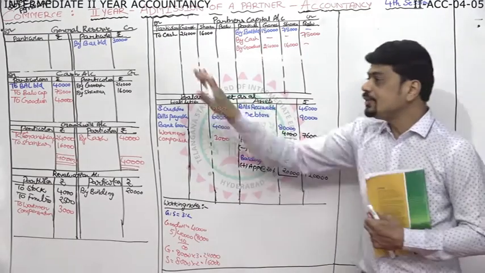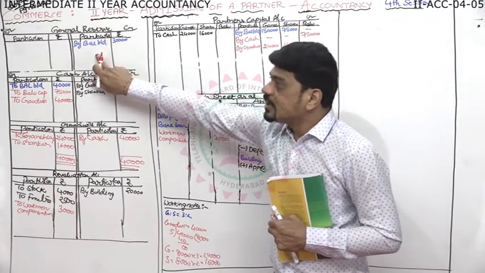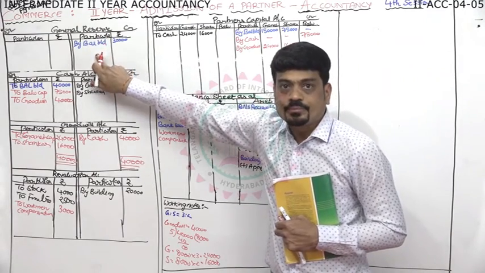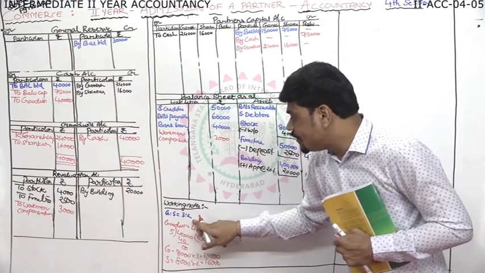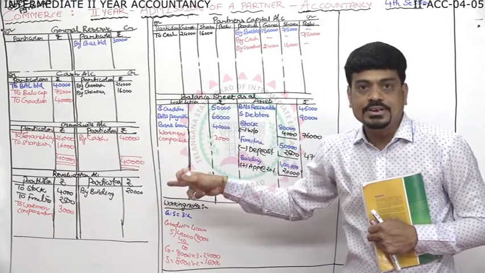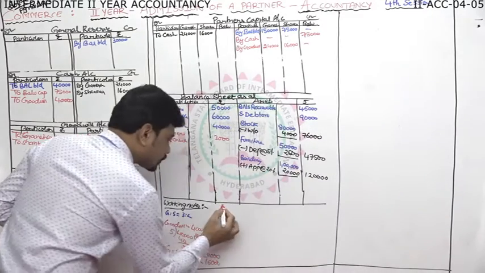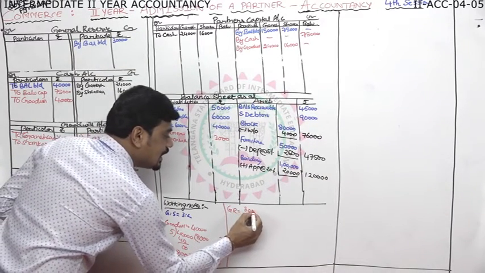Now, as I told you, we have to balance one account. General reserve, it should be distributed. So 30,000, if you divide by the ratio 3:2, you get 5. So first I'll find the quotient and do the distribution. General reserve is 30,000.